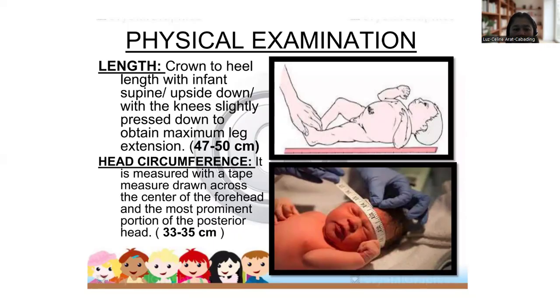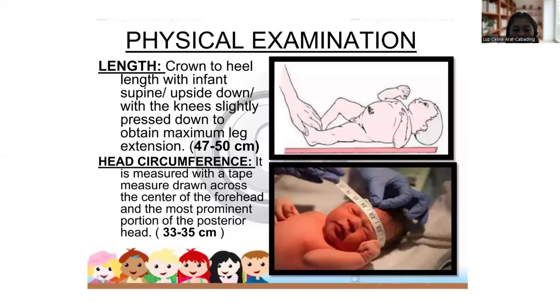When we say length or height, we measure the newborn from crown, which is the head, to heel, the foot. The infant is flat supine, with knees slightly pressed down, because the newborn tends to flex the knees. So the knees are slightly pressed down so we can get the maximum leg extension.